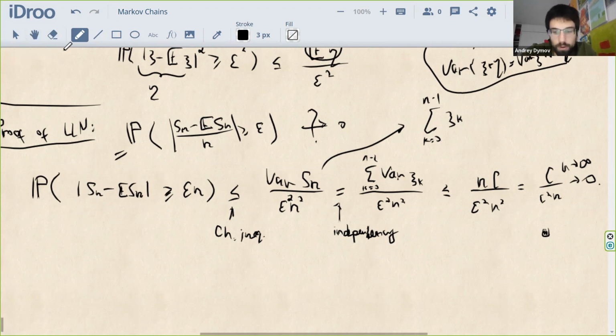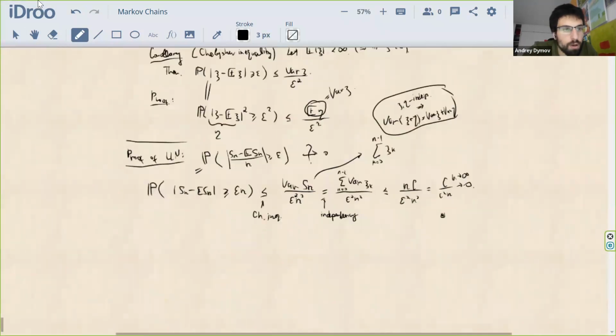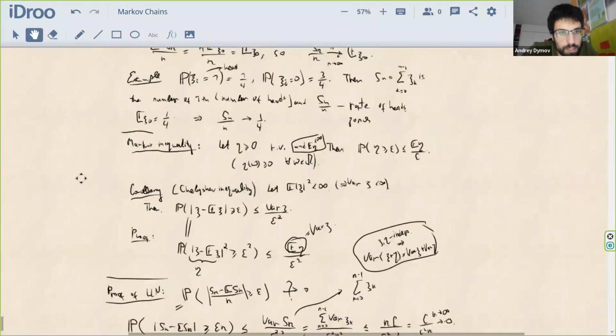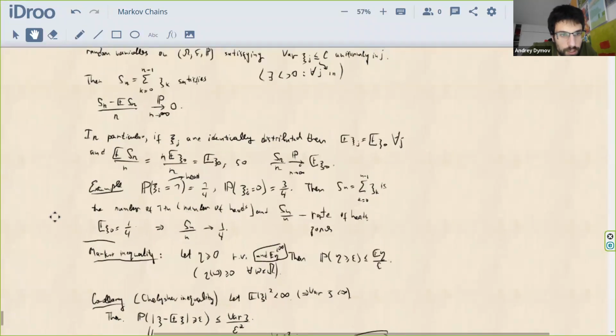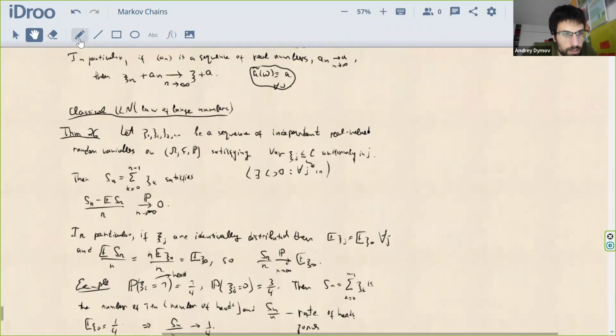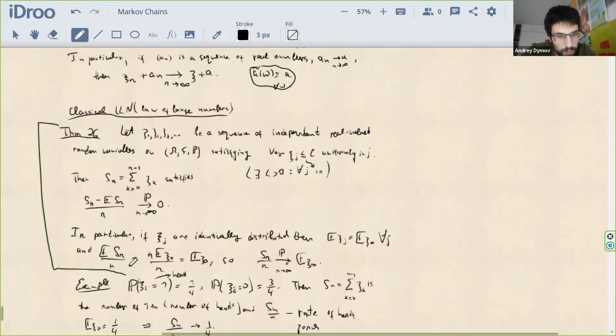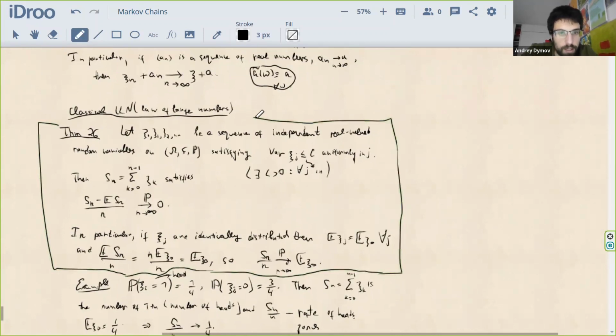But before, let me mention that in fact, the law of large numbers holds not only in this statement, but also in a stronger statement where the convergence in probability is replaced by the almost sure convergence that we have already discussed today.